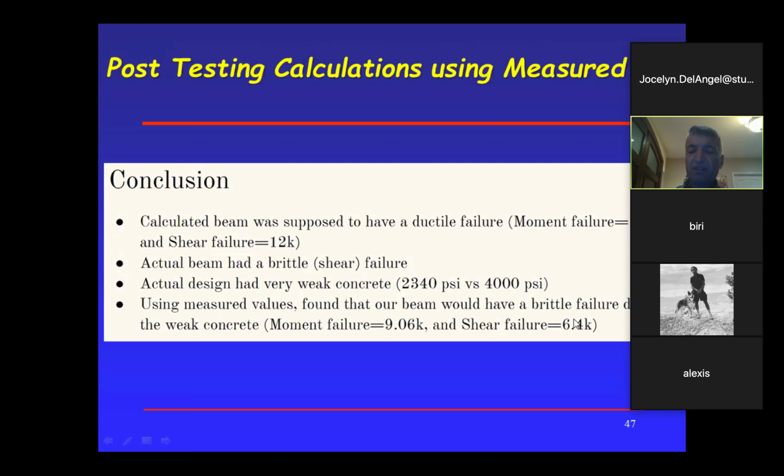So based on that, what do you think, was the beam going to fail at 6.4 or 9.06? It's going to fail here because this force is going to be delivered before that. So the beam would fail in shear before we even see that. And that was that beam I showed you where shear failure was happening. So that's that one. Okay?